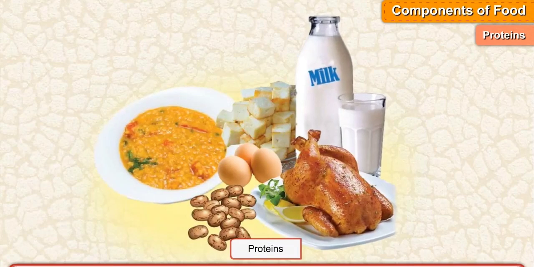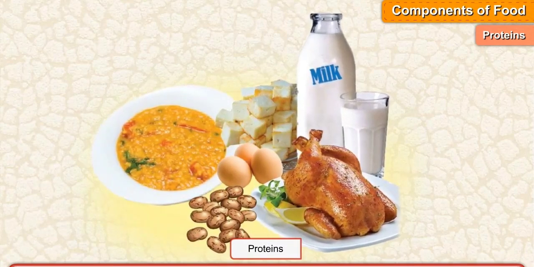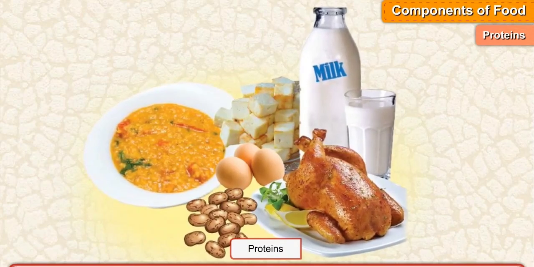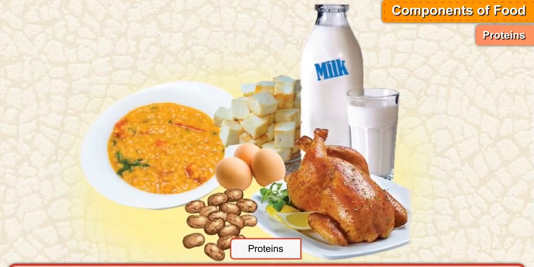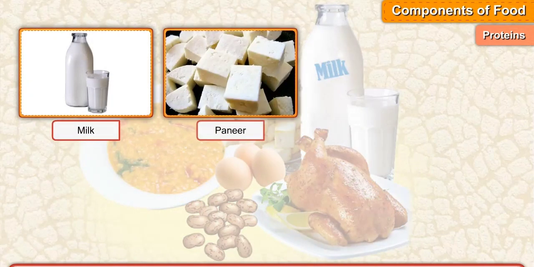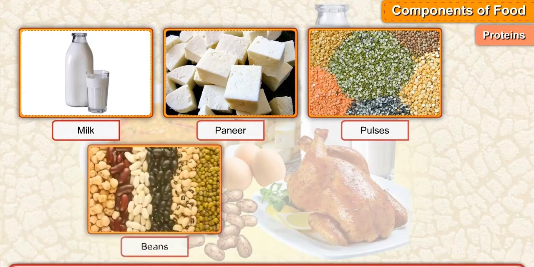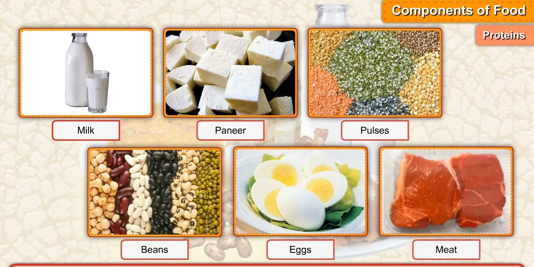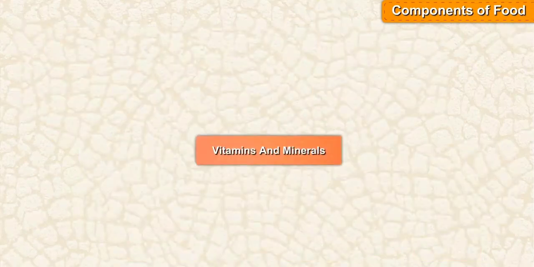Proteins. Proteins help in growth. They also help in repairing damaged tissues and cells of our body. Milk, paneer, pulses, beans, eggs, and meat are some sources of proteins. Vitamins and minerals.